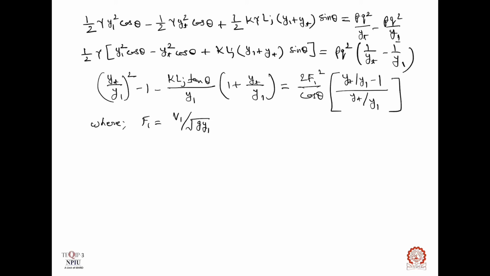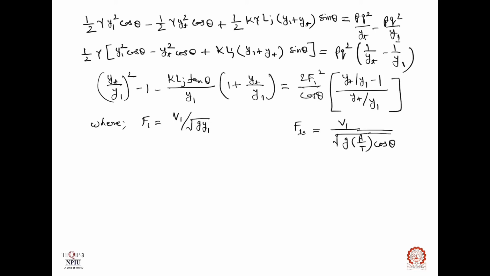Here F1 is not an exact Froude number for the case of sloping floor, because the Froude number for sloping floor is V1 divided by root over g A divided by T, small t, capital T into cos theta.